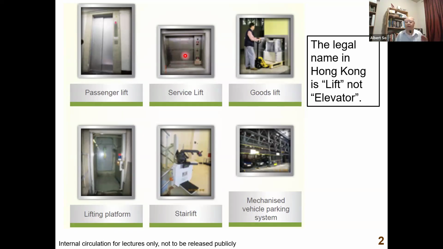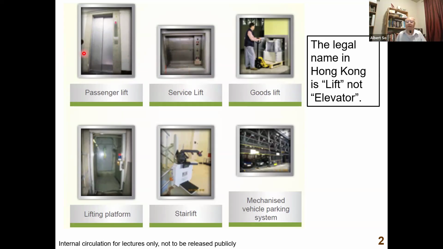Suppose the kitchen is on the 4th floor, while the restaurants are on the 1st, 2nd, and 3rd floors. After the chef prepares a dish, he puts it in the dumb waiter and sends it to the 2nd floor or 3rd floor or 1st floor. And the waiter or waitress will pick up the dish and serve you. So this is the service lift.